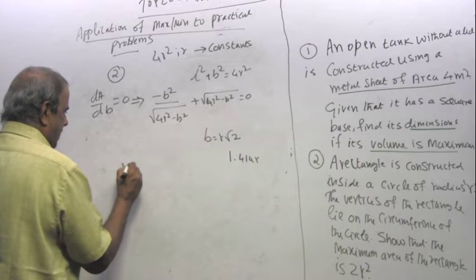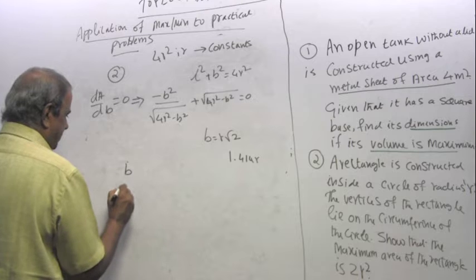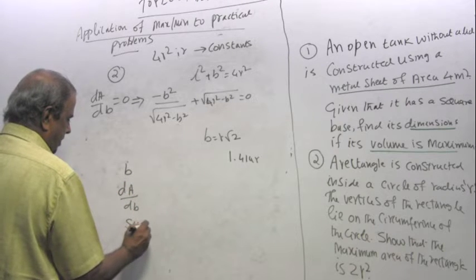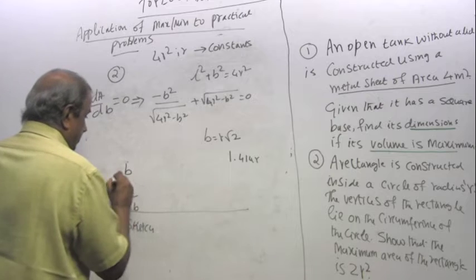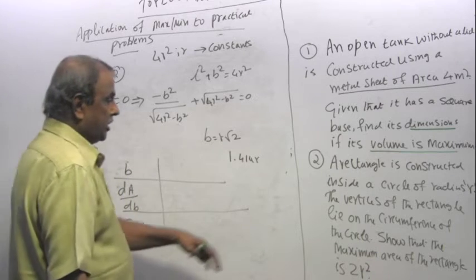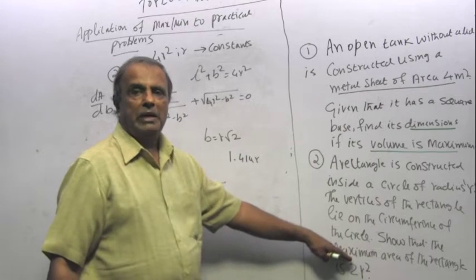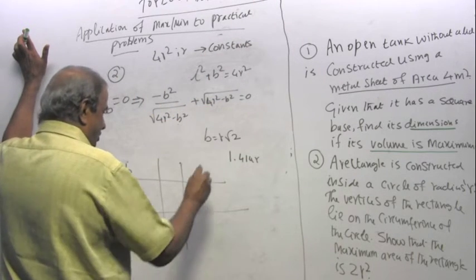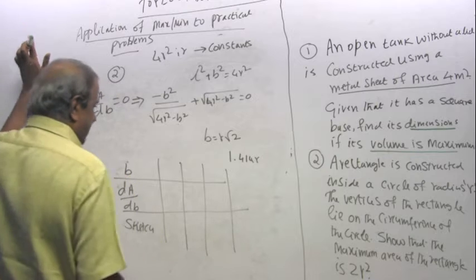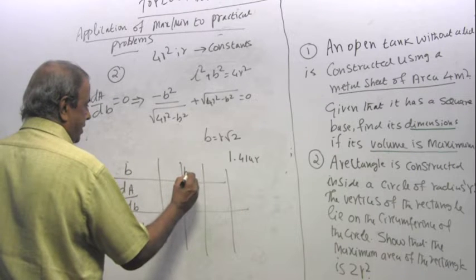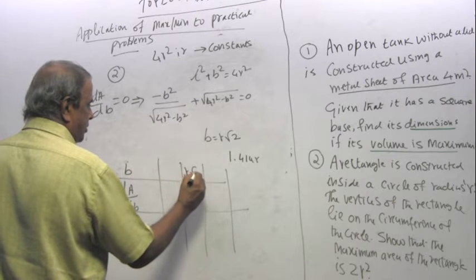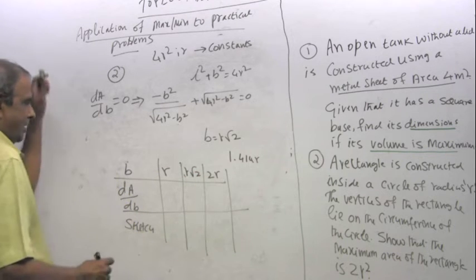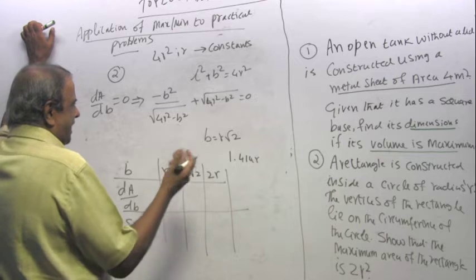So I'll put B, dA by dB, and sketch. If they don't want such questions, they'll mention you need not test for maximum and minimum, in which case you're lucky. But as I told you, some examiner might say, no, sorry, you have to show me. The B value is r root 2. Less than that is r, more than that is 2r. I should say 1.5r, but I'll take 2r, it's easier.